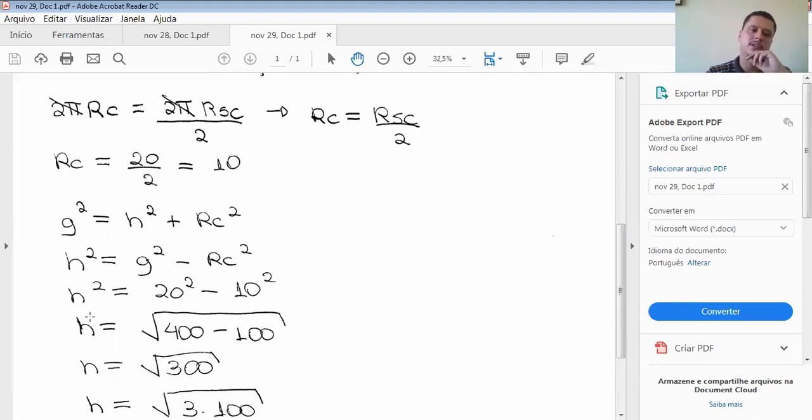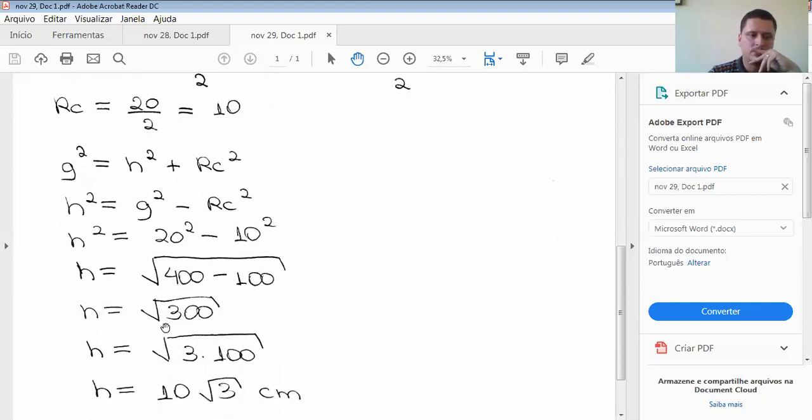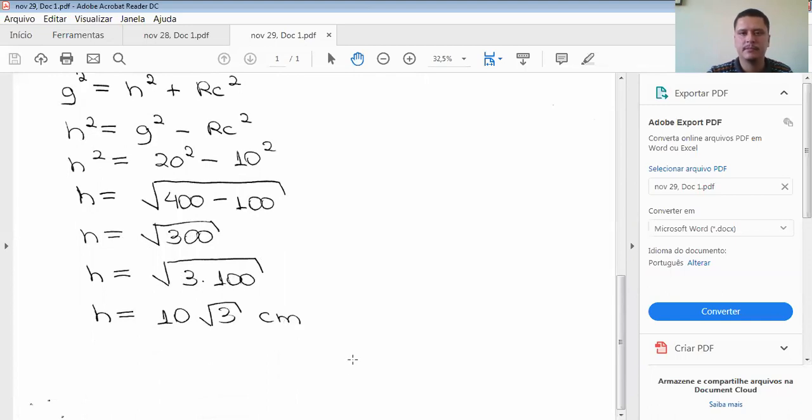If we have a power of 2 on one side, it becomes a square root on the other side. So we have H equals square root of 400 minus 100, 300. 300 equals 3 times 100. So this 100, we have the exact square root of 100. It's 10. So we can put 10 outside of the square root sign. So it becomes 10 square root of 3 centimeters. This is the final value, the value of the height of the cone.